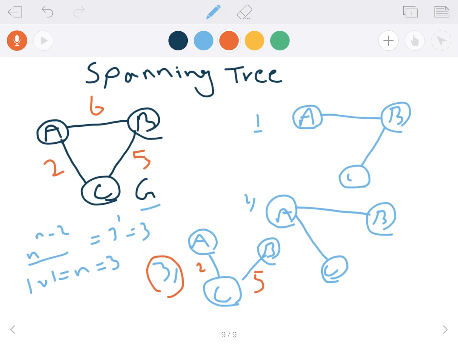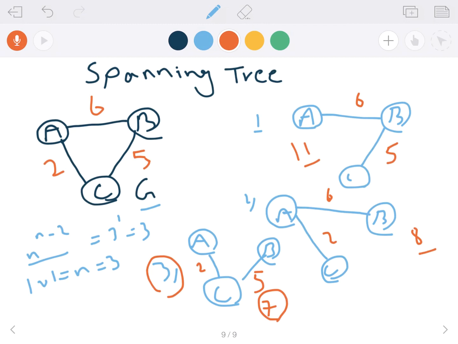Together, if we sum these numbers, it's going to be 7. For the second one, A to B is 6 and A to C is 2, so together it's going to be 8, which is more than 7. And for the first one, A to B is 6 and from B to C is 5, so 11. Between 11, 8, and 7, definitely 7 is the least.